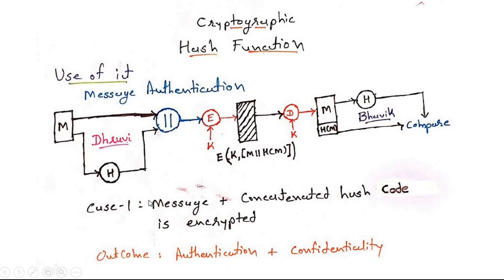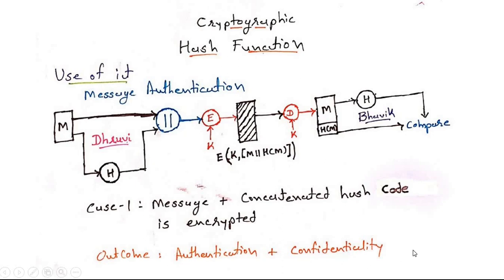Here we concatenate the message plus hash code. Get it? Both are encrypted together. So what is the advantage of encrypting both? We get authentication plus confidentiality. By applying the hash function or hash code, we get authentication, so Bhavik will be able to know that this message was sent by Dhruvi.